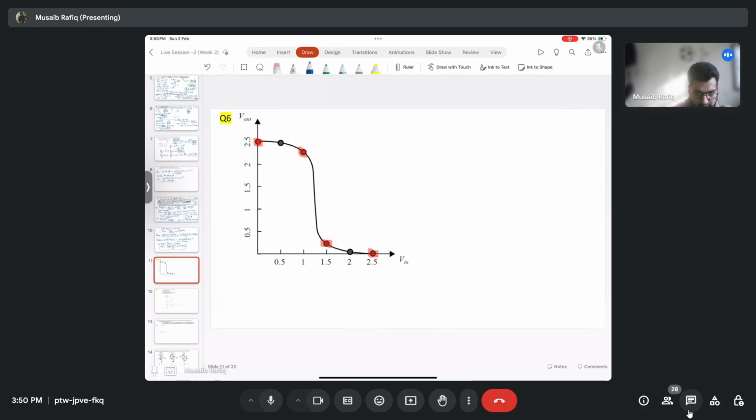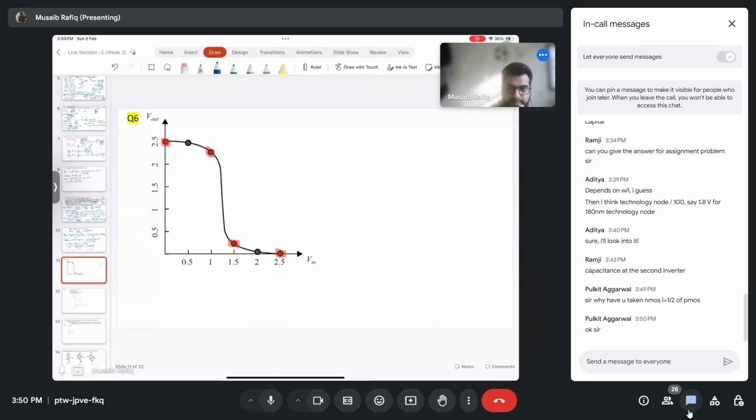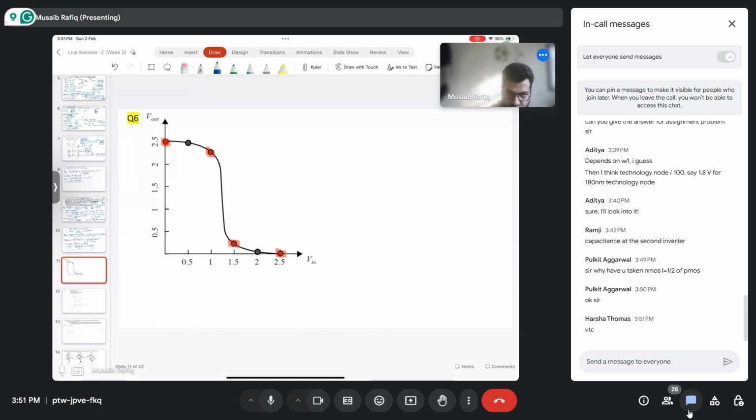Now I have this question which I would like you guys to first answer for me. So what is this? VTC of an inverter, right? So can you write what are the things you can extract from a VTC?